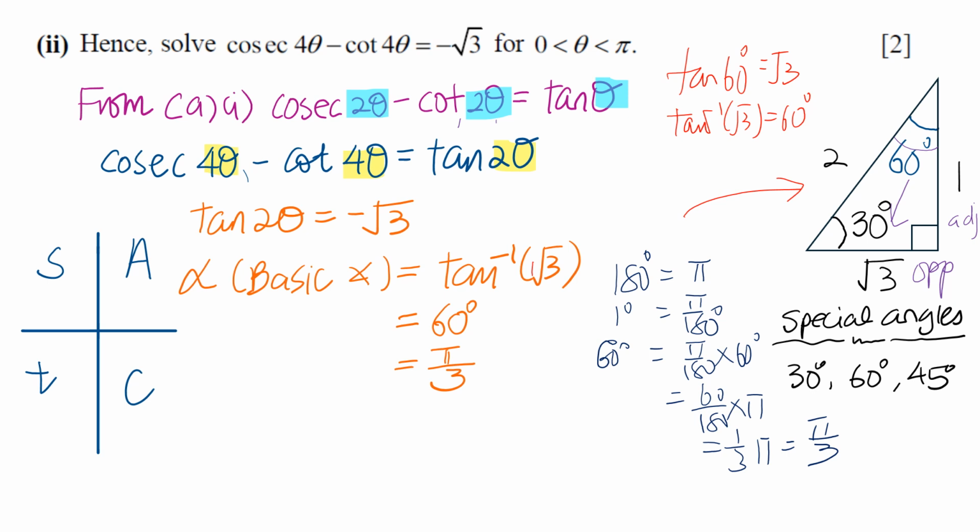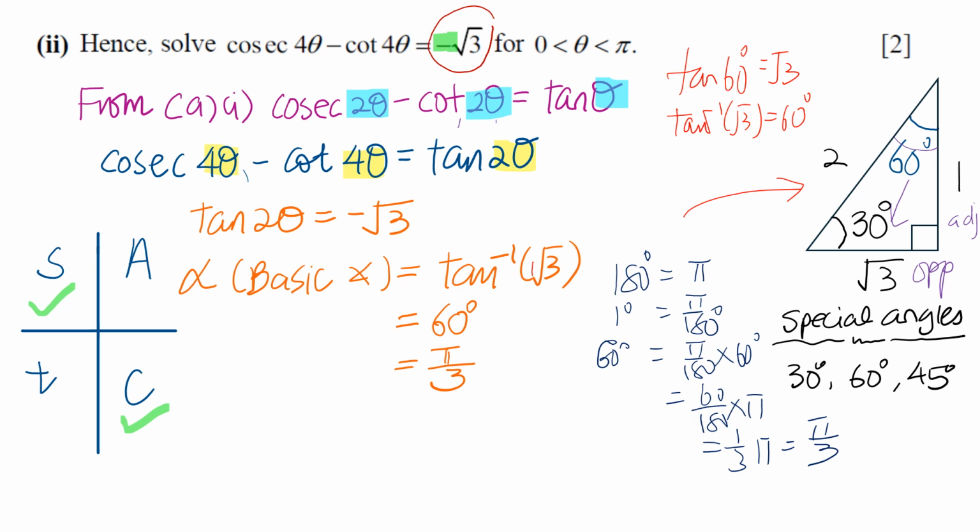is such that you want to find the angle where the trigo ratio of the angle will give you a negative value. And for tangent to have a negative value, the angle will have to come from the second and the fourth quadrants.